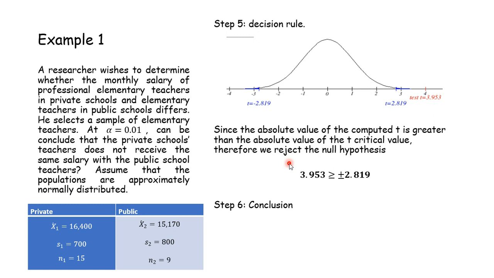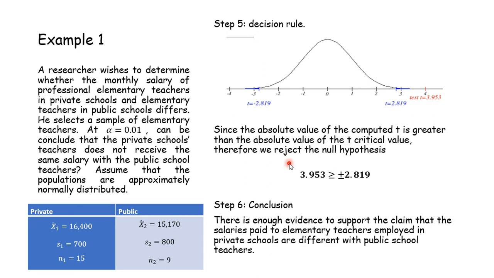So, step number 6, we will be having a conclusion. Sa conclusion, syempre, magbe-base tayo dito sa decision, and then let's see our claim. Since we reject the null hypothesis, there will be enough evidence to support the claim that the salaries paid to elementary teachers employed in private schools are different from public school teachers.